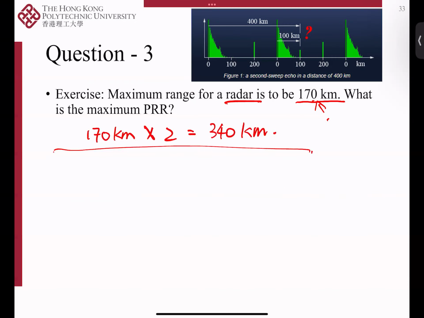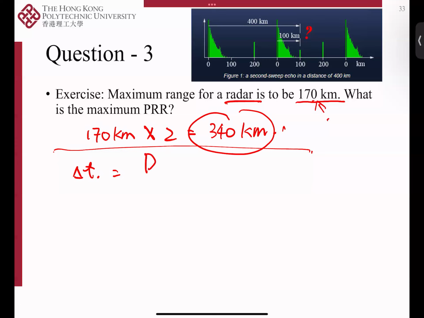So we need the difference in time, and we put this number in here. To calculate it, we have the distance, and we know our signal travels at the speed of light.